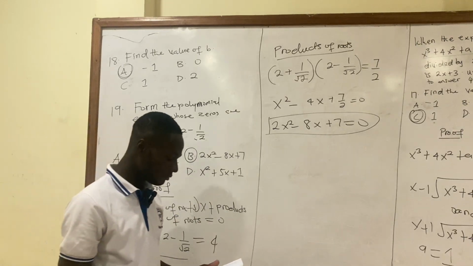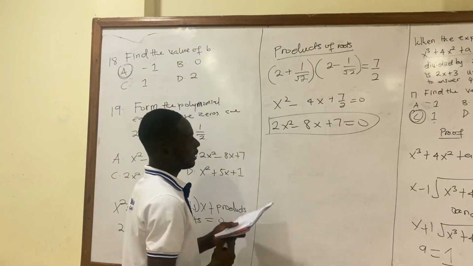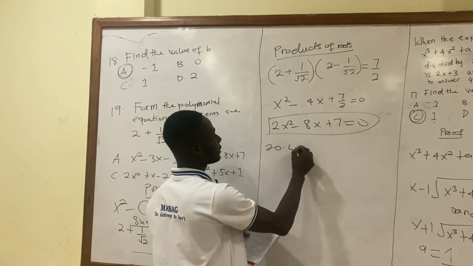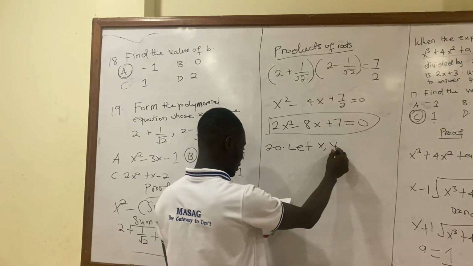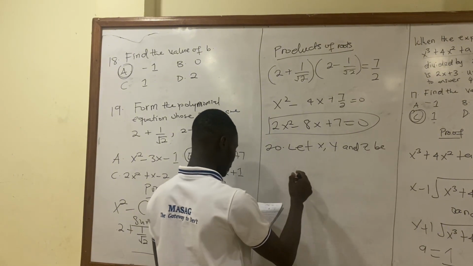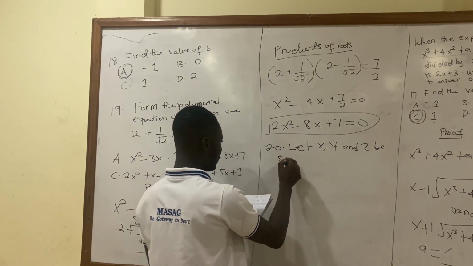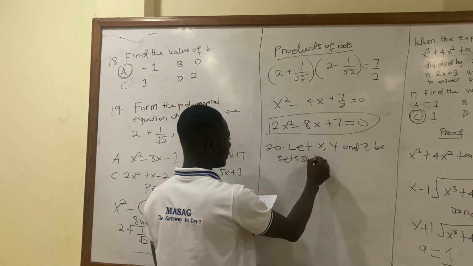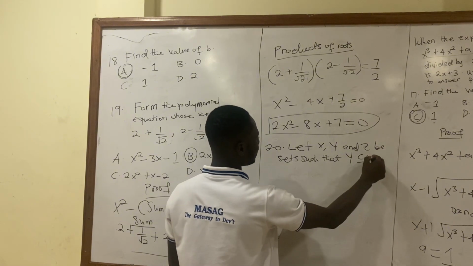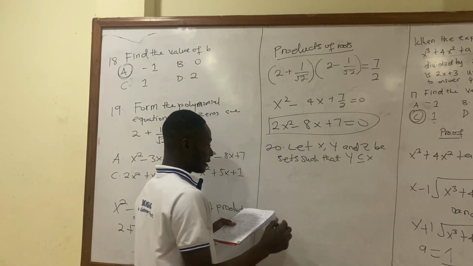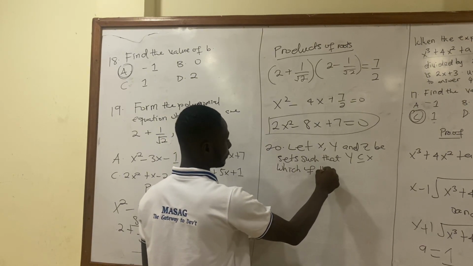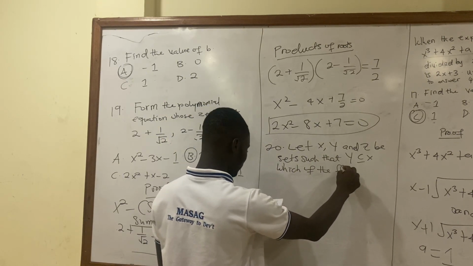Right, very, very easy. Our last question will be this. Let X, Y, and Z be sets. Say that Y is a subset or equal to X, which of the following is true?